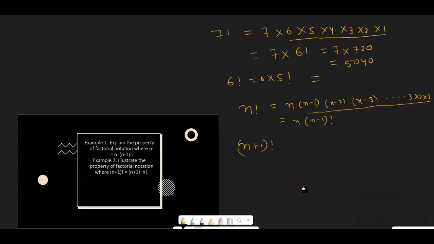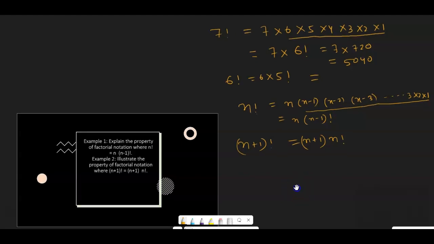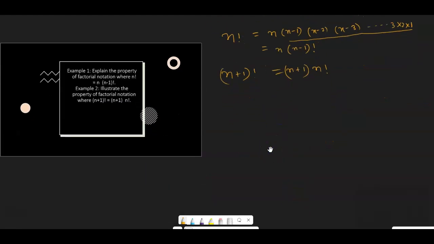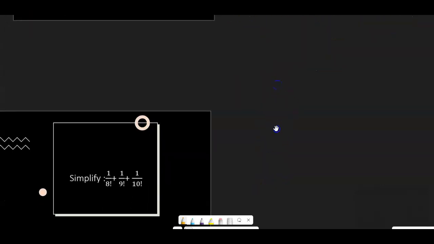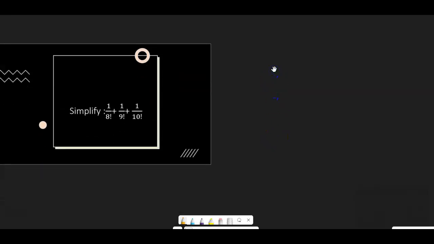Similar logic we can apply. It will be n plus 1 into n factorial. Okay. So when it is required, you can apply this concept. Suppose in a calculation you were asked to simplify 1 by factorial 8, 1 by factorial 9, 1 by factorial 10. How are you going to simplify?